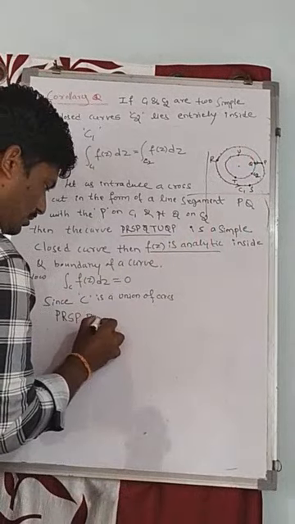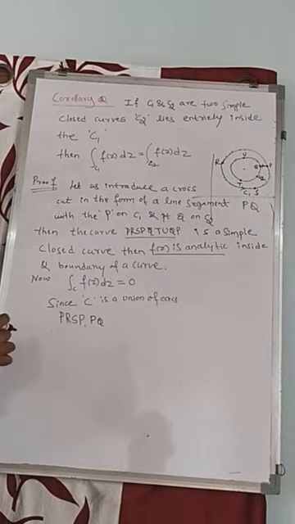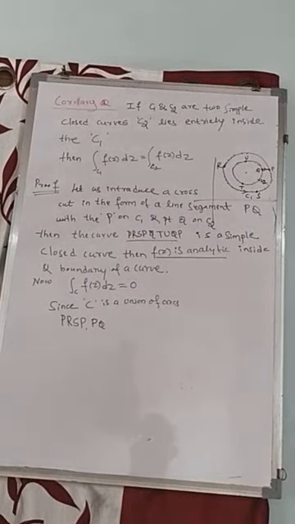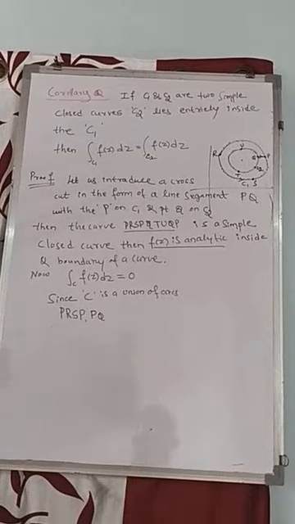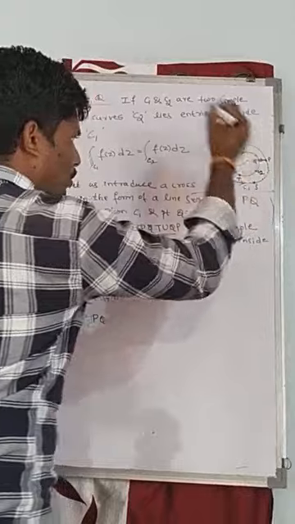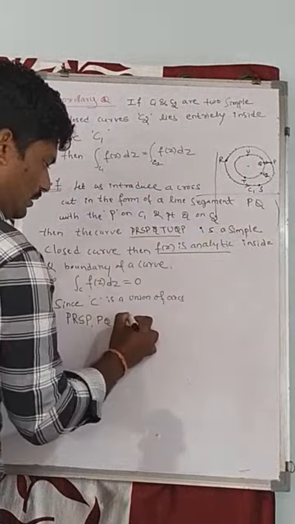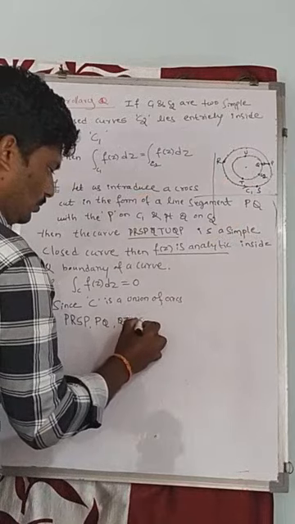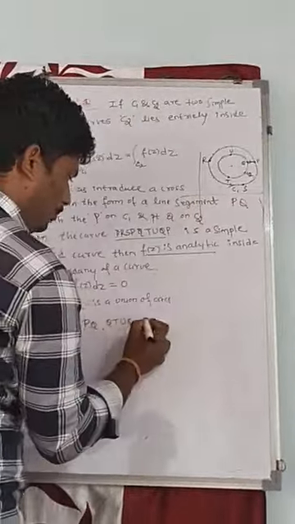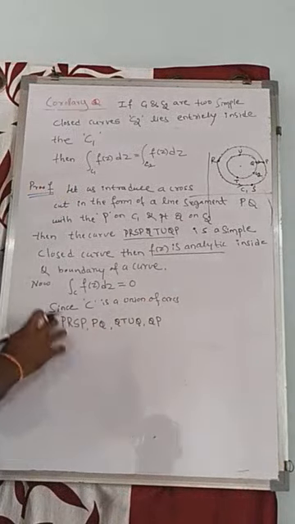Next we take the C2 circle, the arc QTUQ. Next is QP.